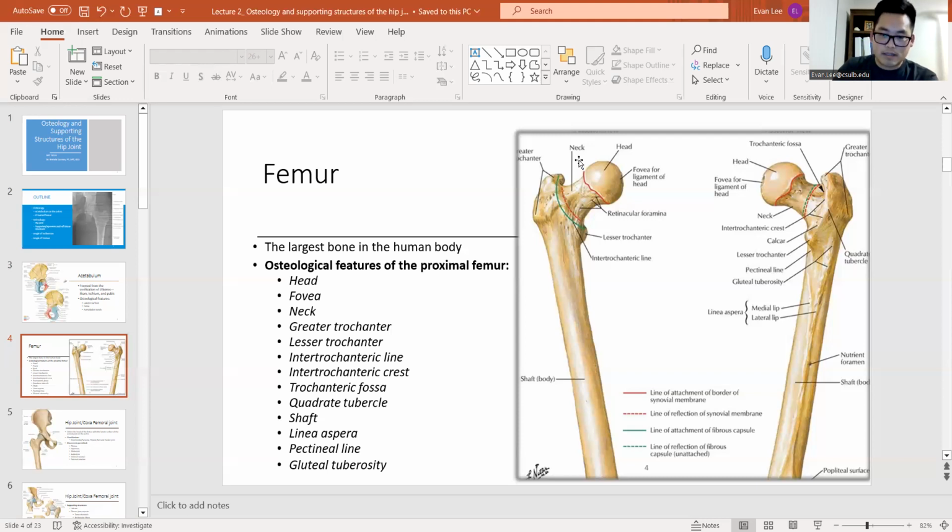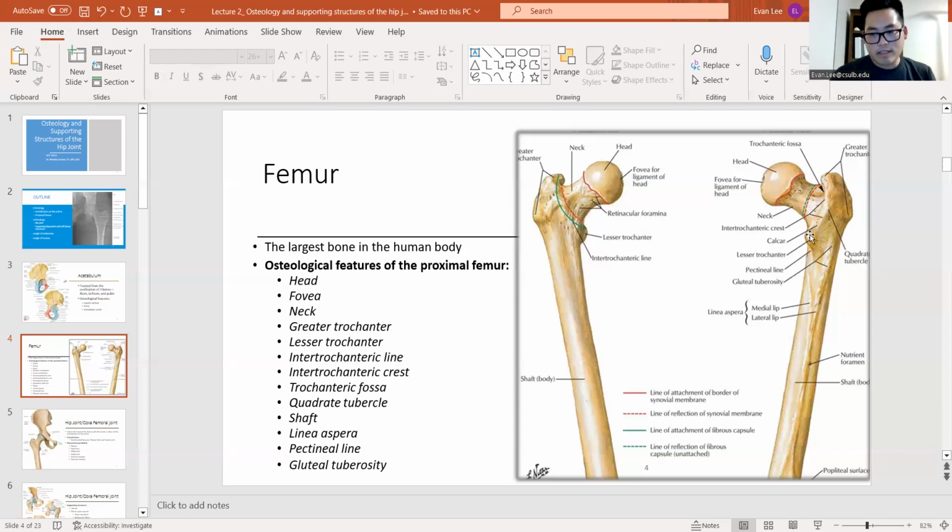So trochanters, these are going to be the bumps either on the lateral side, or in this case, the posterior side. So if you look over on the lateral side, this is the greater trochanter right over here, opposite to the head. This is lateral, and then this right here would be the lesser trochanter. So greater and lesser trochanter, just like greater and lesser tubercle, these are indicating the size, but lateral is greater trochanter, posterior is going to be lesser trochanter.